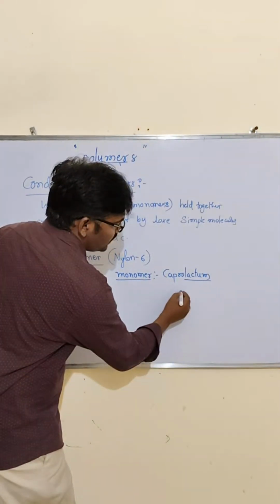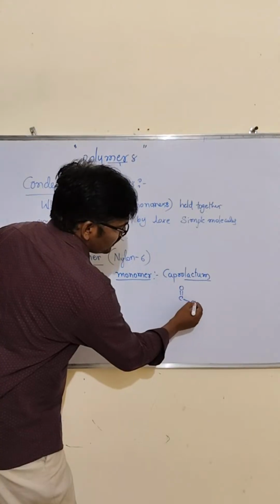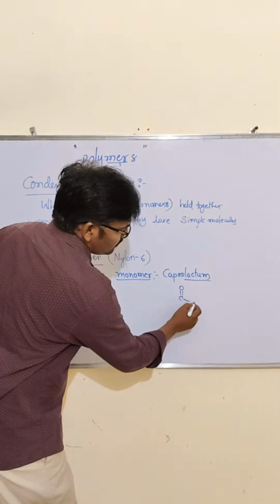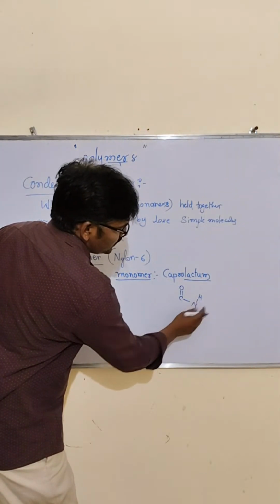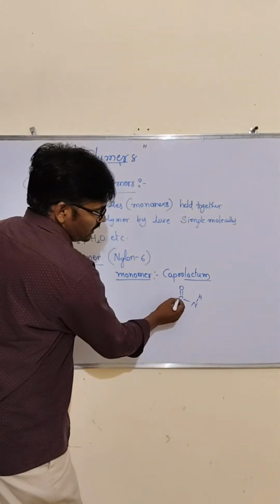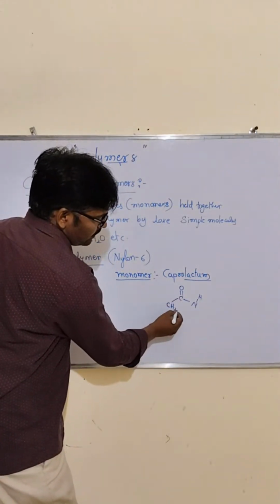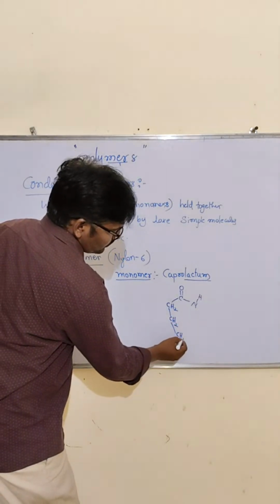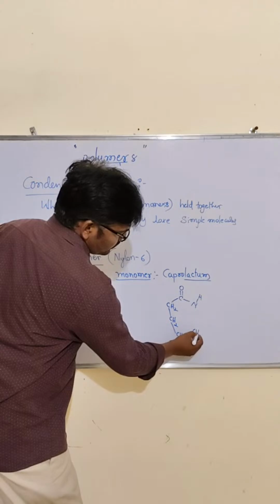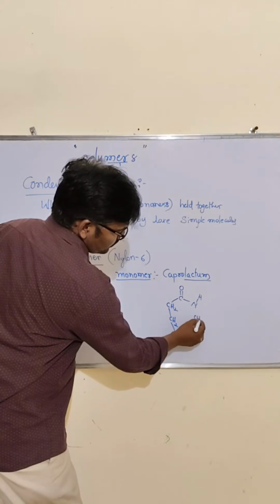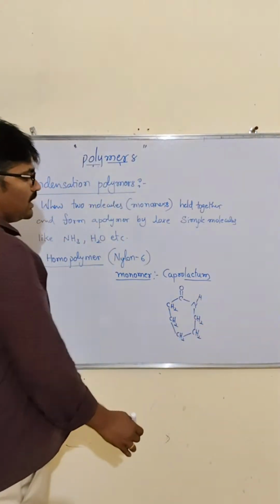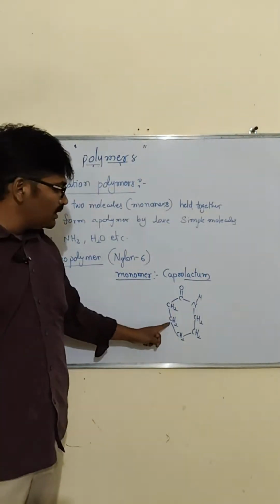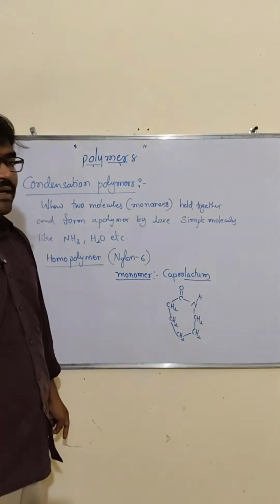Say look at C double bond O, then NH ఉంటే దాన్ని అమైడ్ అంటాం, మనకు తెలుసు. సో C double bond O NH ఉంటే then it is connected with 5 CH2 molecules, CH2, CH2, CH2, CH2, like this. So ఇలా ఉంటే 5 CH2s ఉంటే then that we call caprolactam.